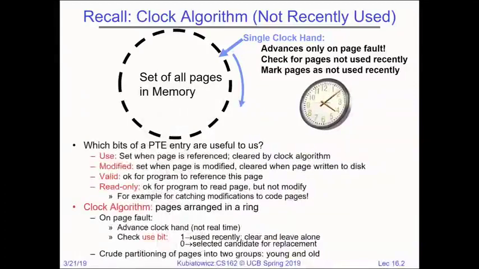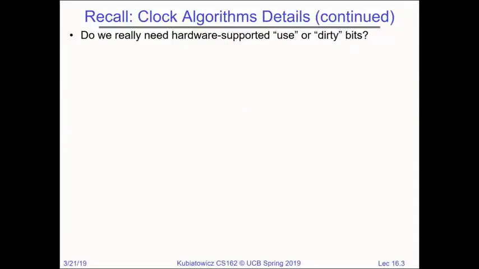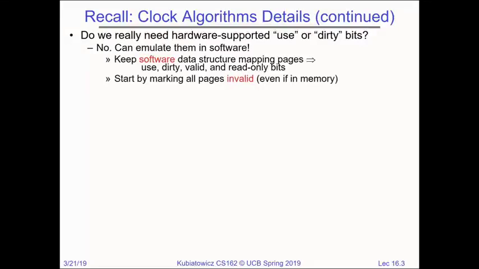Okay, all right. So we can ask now, do we really need the use or dirty bits? I've just said, yes, we need them to be done in hardware. That's what I just sort of said, right? It seems like the hardware turns it on. The hardware sets the dirty bit or the modified bit. So, no, we can emulate in software, and that's where I was going last time.